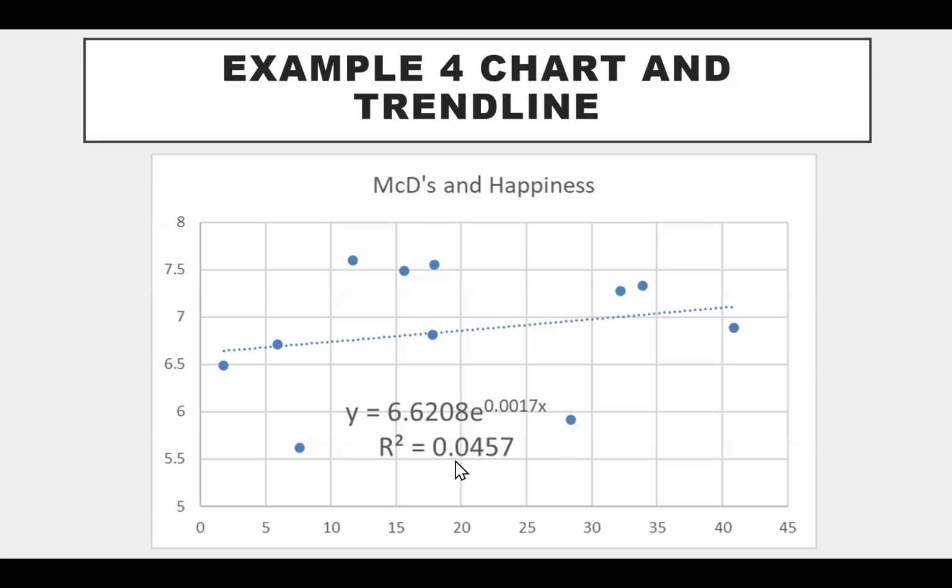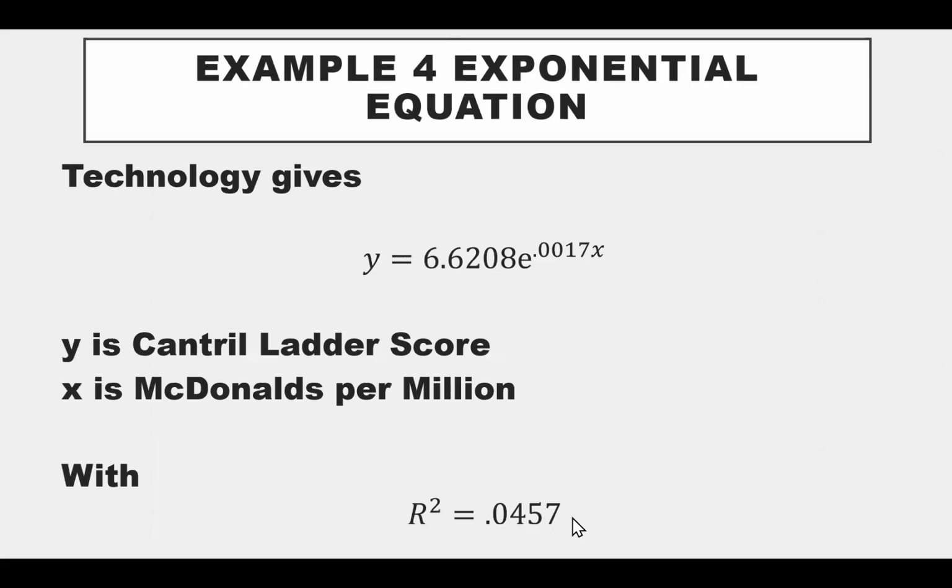That r squared of 0.0457 tells me that this model does not fit our data well. That r squared is well under 0.5, and so the model does not fit the data well.